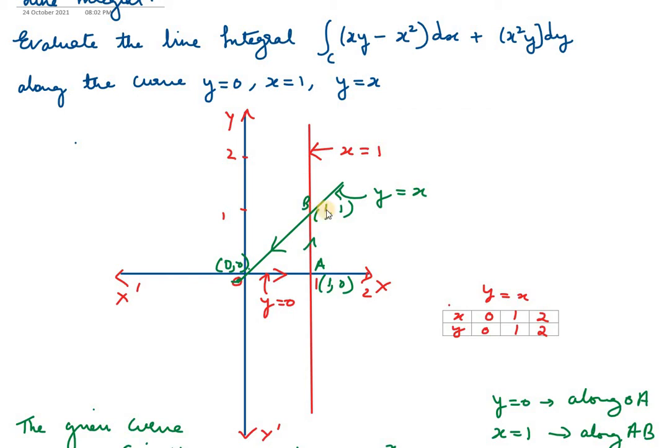And from here you can see that x varies from 1, and then at the origin it is 0. So the limits of integration for x will be from 1 to 0. So hope it is clear now how to evaluate this line integral along the curve y is equal to 0, x is equal to 1, y is equal to x.